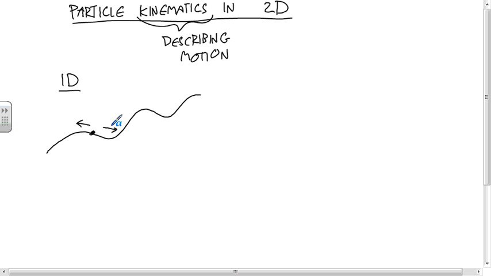That's all we can do, okay? And that makes the math easy because we can choose one of those directions to be called positive, the other direction to be called negative, and then all of our directions are specified by positive and negative. But now we're going on to 2D.